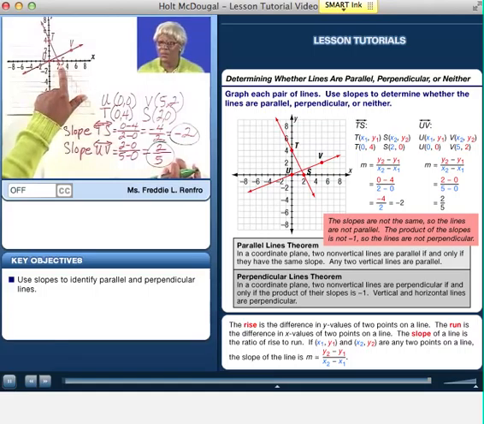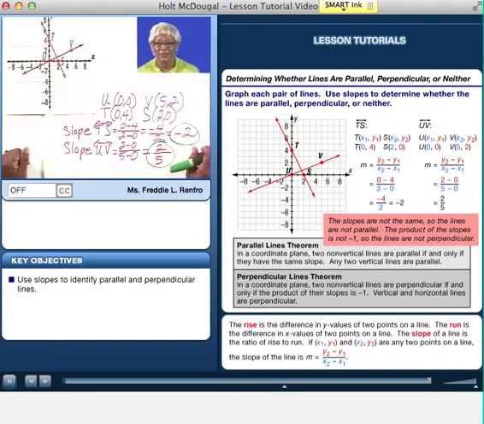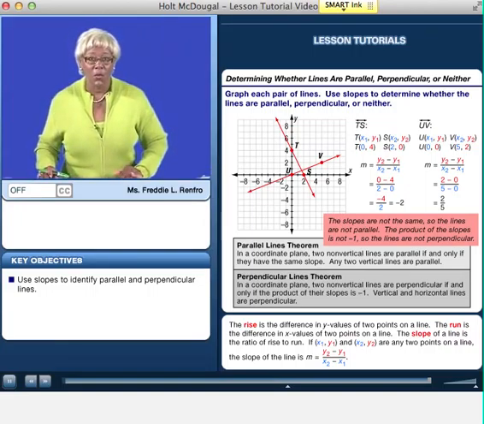It looks like they are perpendicular. But once I actually found the slopes, I can now say, although they look perpendicular, they are not perpendicular. So they're neither. That's why it's so important to compute the slope and then compare the slope.